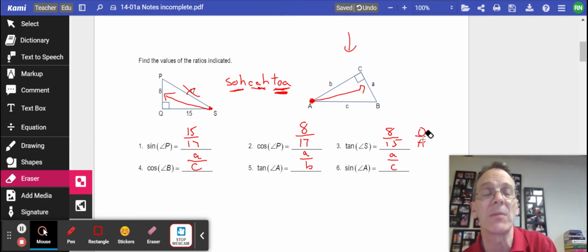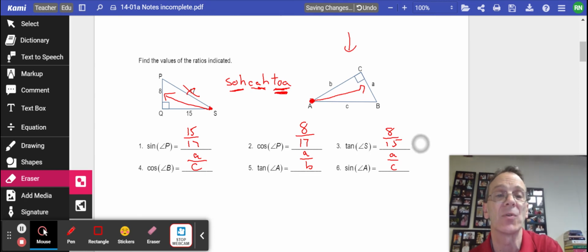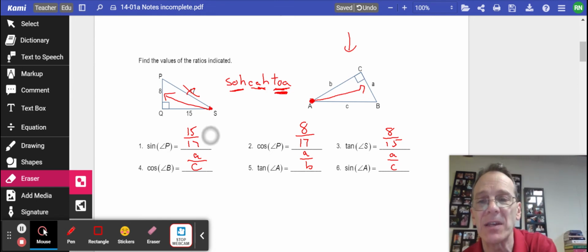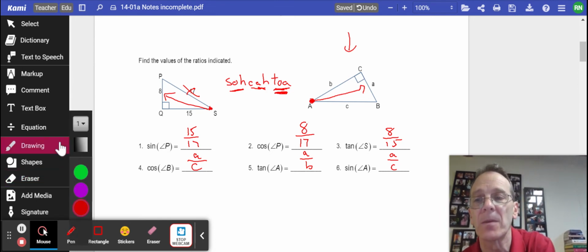Some of the homework problems are going to ask you questions as short and simple as these. Just go to the triangle, make sure you're choosing the right sides and write the ratio, and do not waste any time changing any of these into decimals. Leave them as fractions.